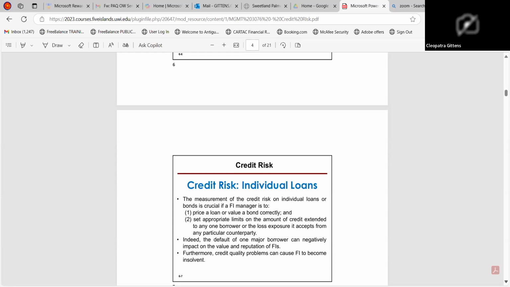All right. In order to reduce the credit risk, it's going to also set limits on the amount of credit that it gives to any one borrower. All right.